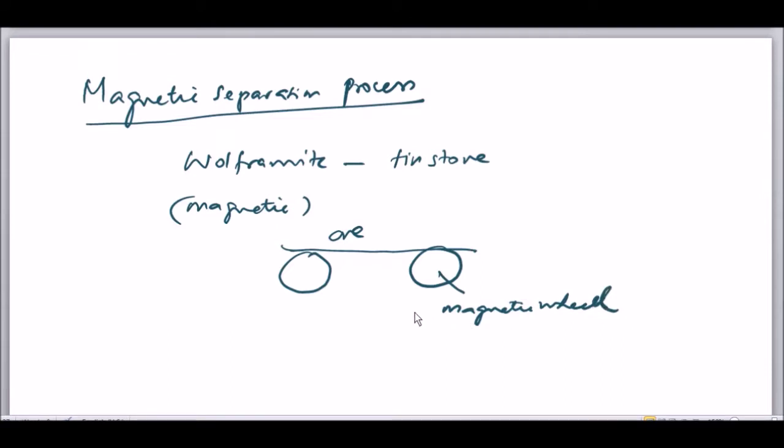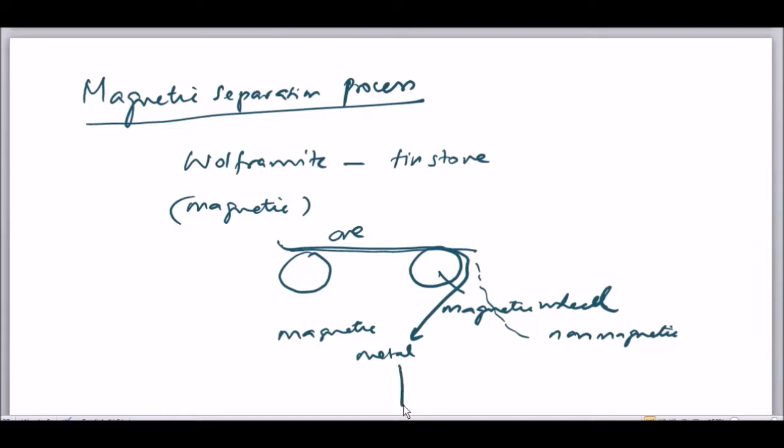So while we pass the ore through the conveyor belt, the metallic impurity, which means mainly the magnetic impurity, are attracted by this, and non-magnetic substances are not attracted by this, so that we can separate out these two.